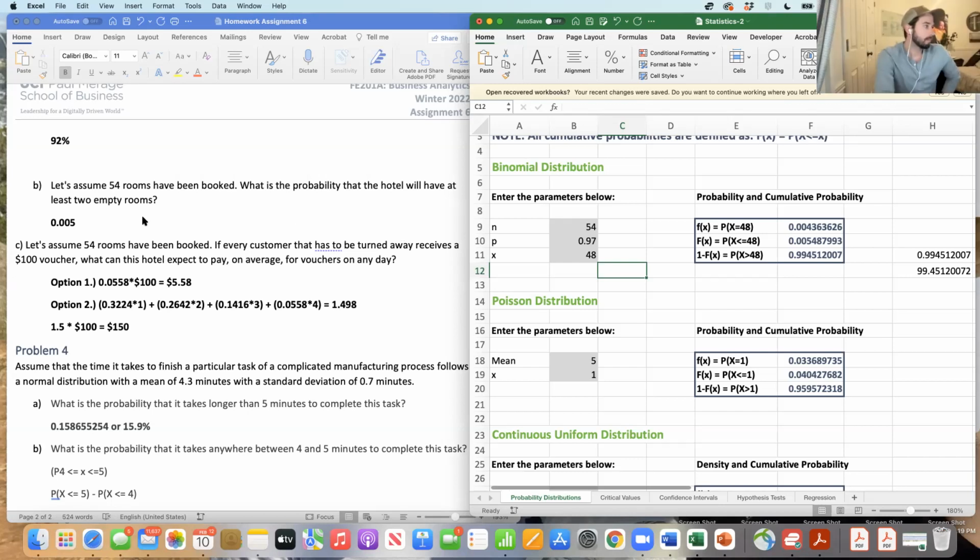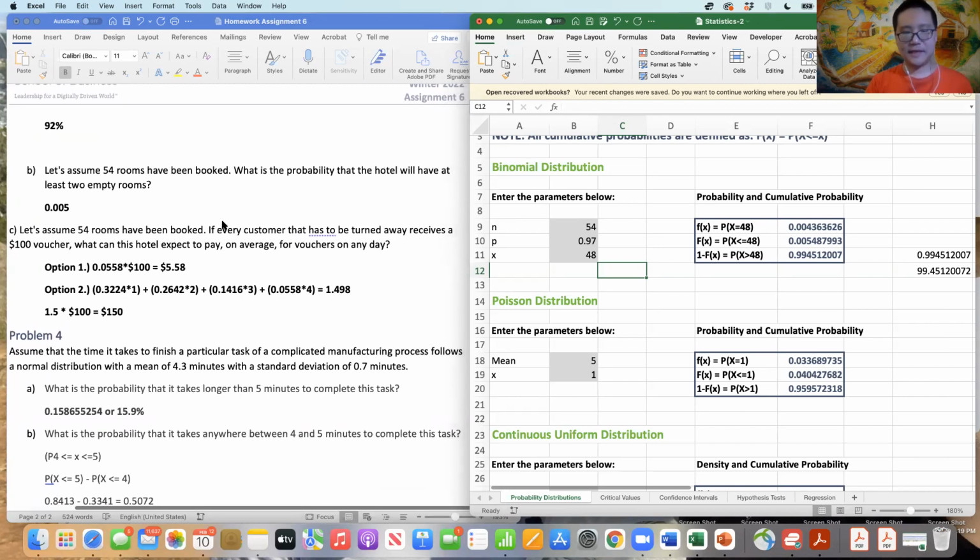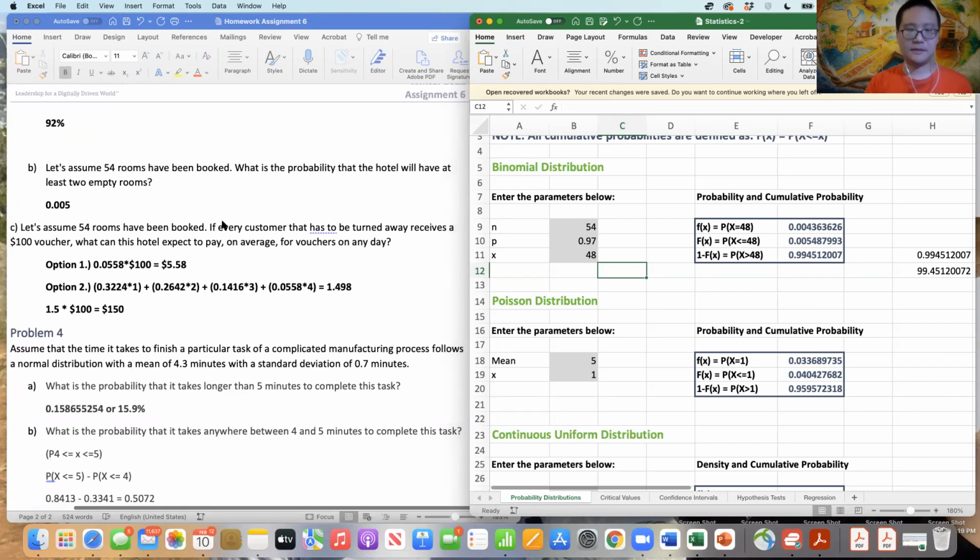No problem. Great explanation. So note here that the probability is about at least 2 empty rooms, right? So that means the people coming into the hotel should be 48 or less. If we have 47 people coming into the hotel, then we have 3 empty rooms. That also fits the condition requested by the problem.